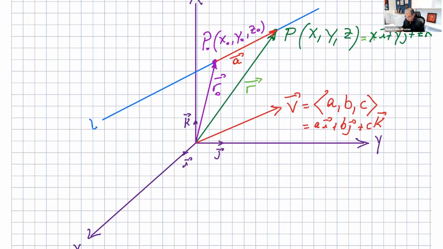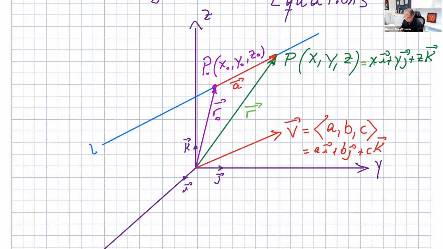And here I have the same thing, with some details. This is our line L, this is the vector A, I talked about it.